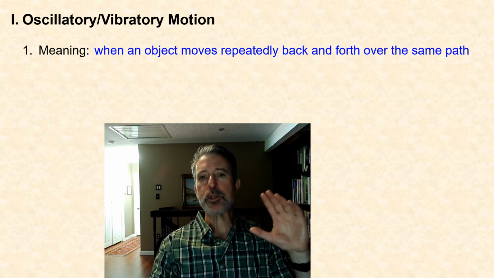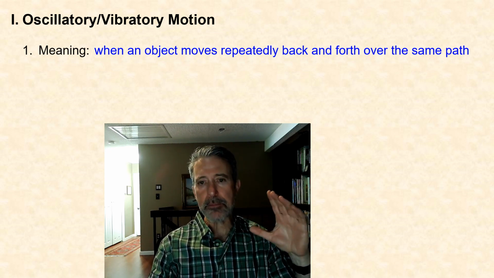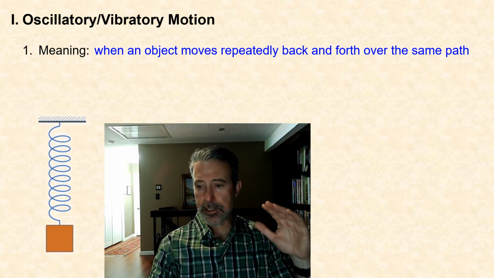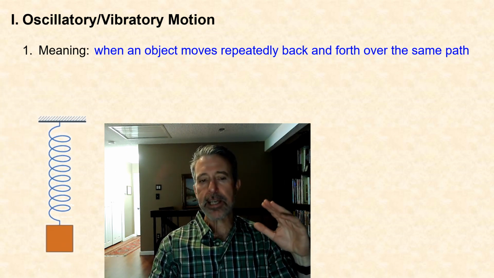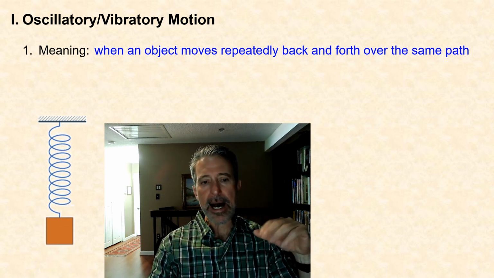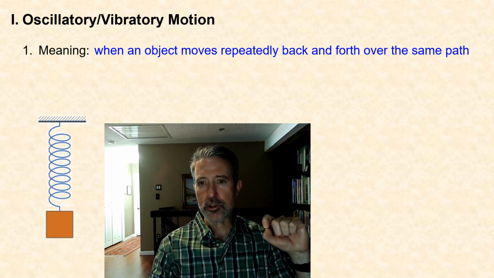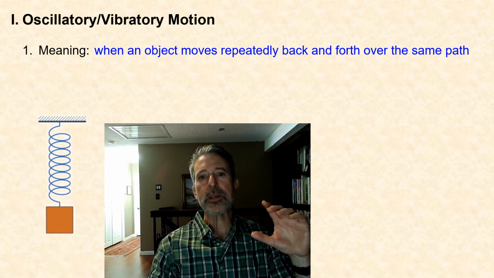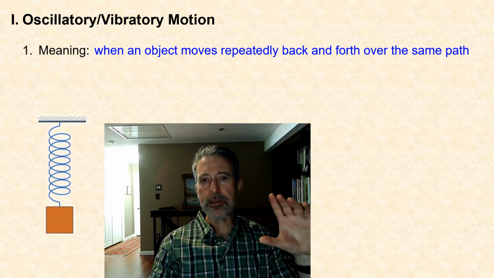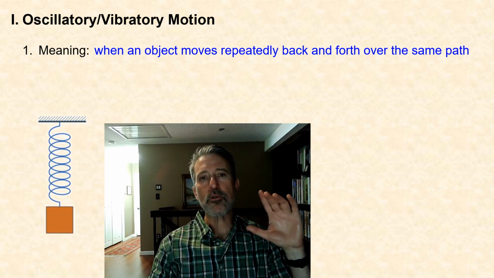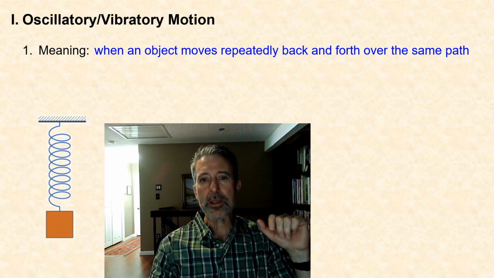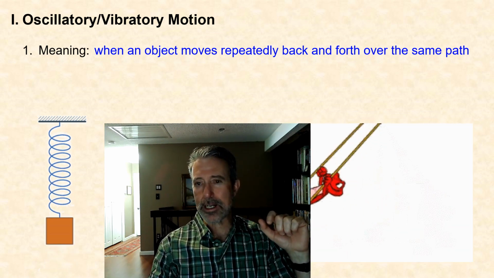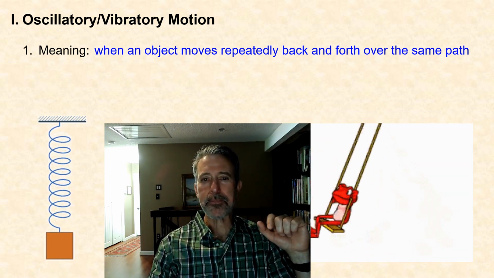Very often we speak about a vibration being a linear motion, like in the case of this mass on a spring, really moving repeatedly back and forth over the same path in a straight line. While we use the word oscillation to refer to an object that moves repeatedly back and forth over a segment of a circle, like a pendulum, as in the case of our friendly red frog here.